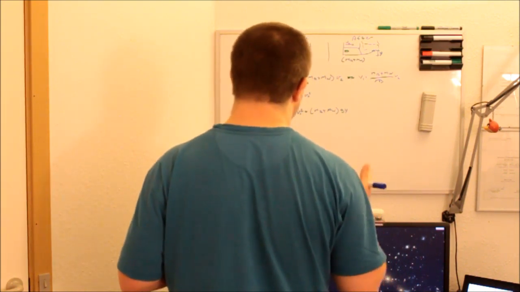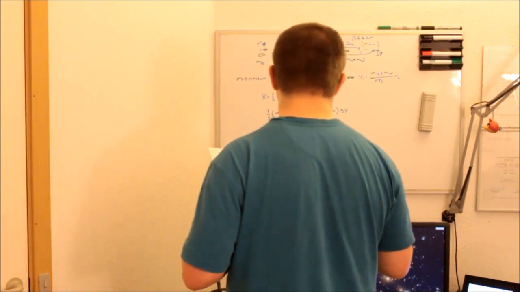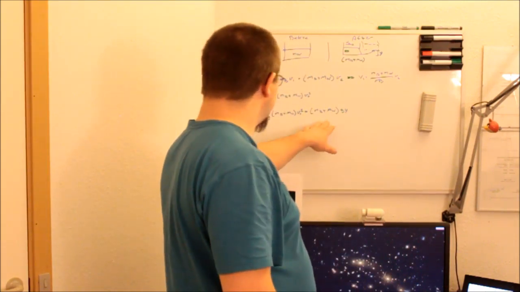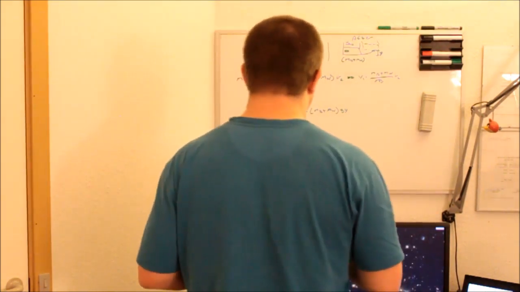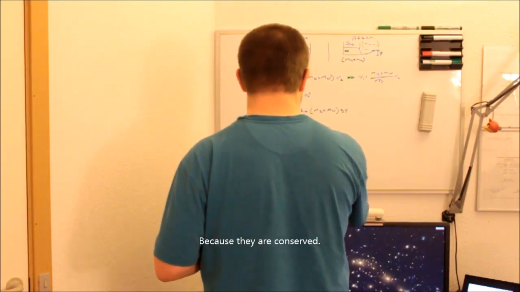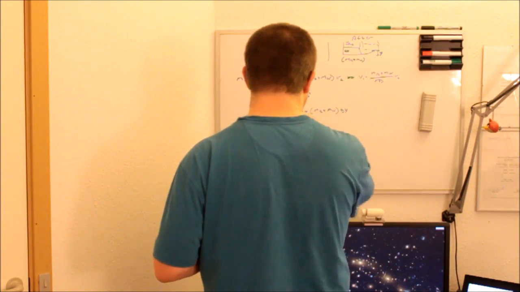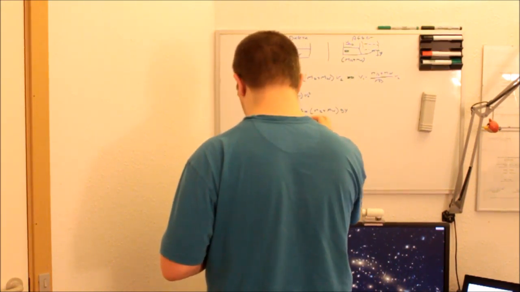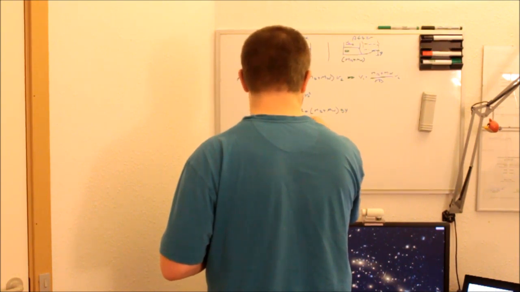And let me tell you why. That is because the kinetic energy and the potential energy have to be similar. So we can rearrange all that to get that V2 is equal to the square root of 2gy.